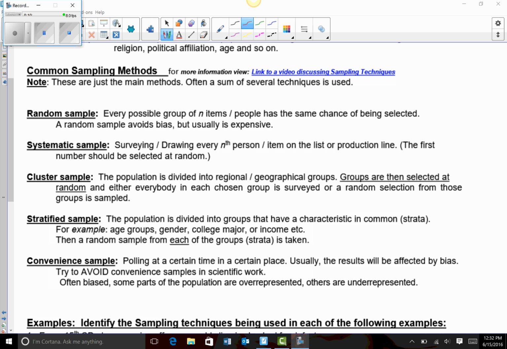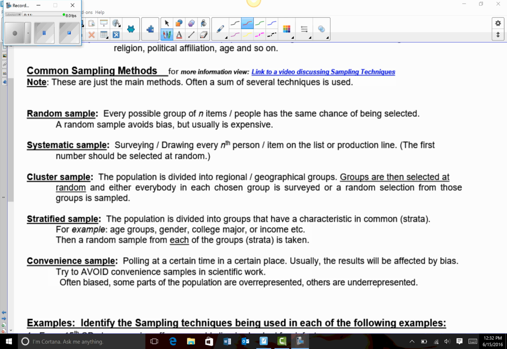Well, as long as everybody has a piece of paper that is the same size, same shape, and you put your name in, everybody then has an equal likelihood of being drawn from the hat.